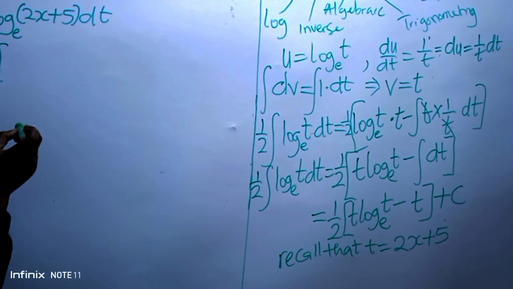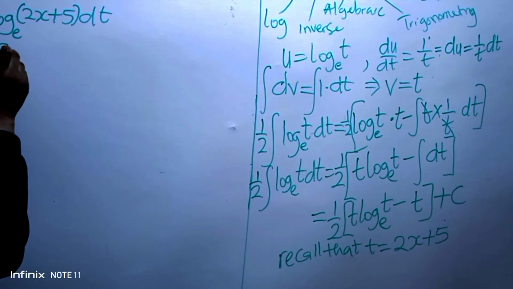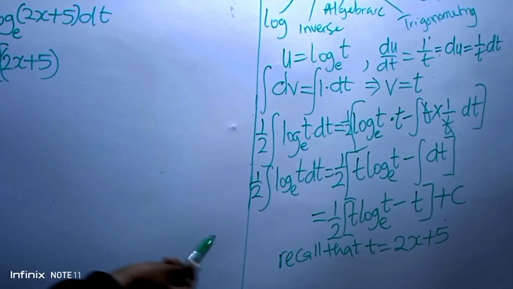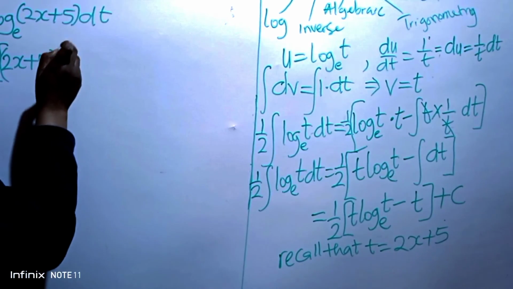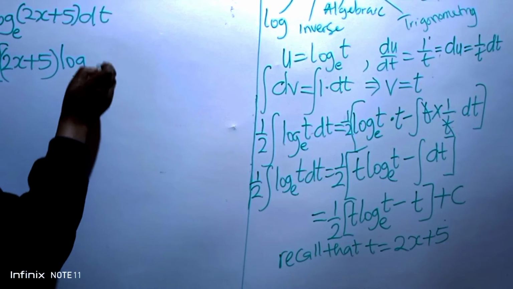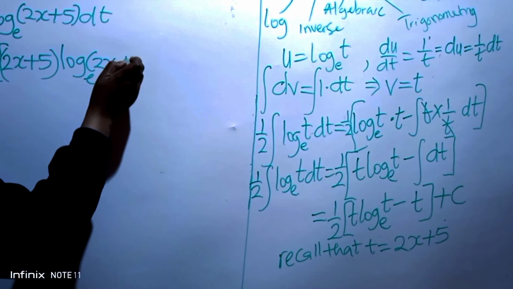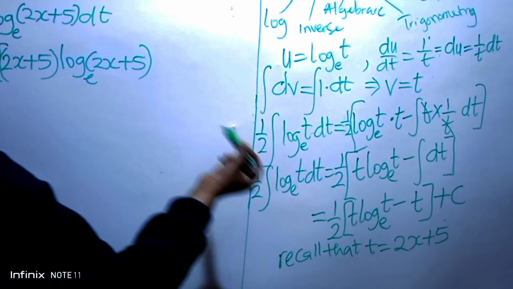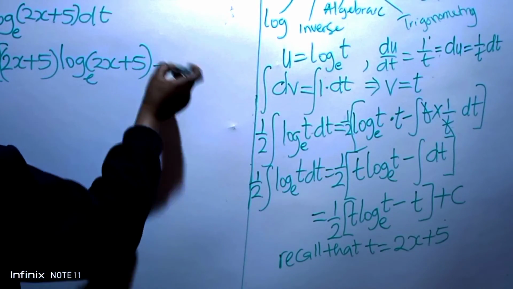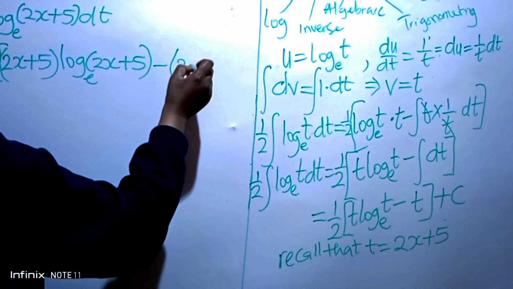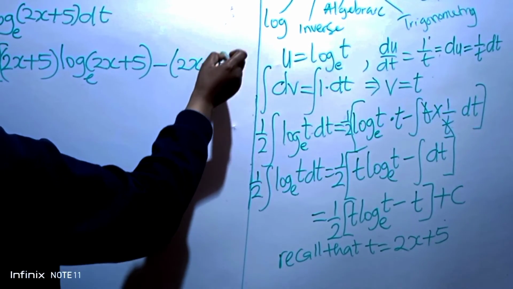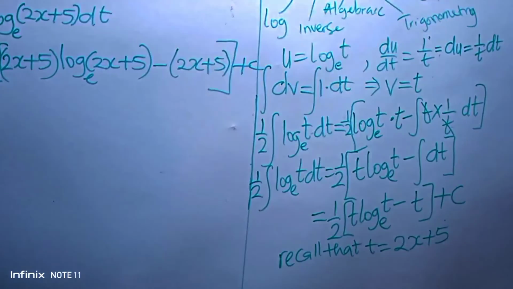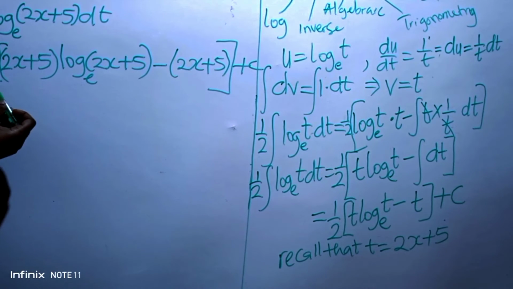Wherever we see t, we put 2x + 5: (2x + 5) log(2x + 5) base e, then minus t, and t is 2x + 5, plus c.